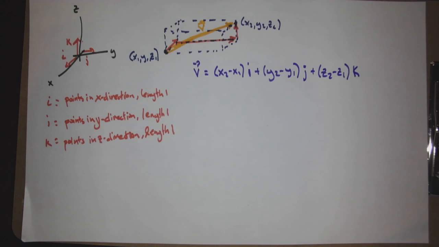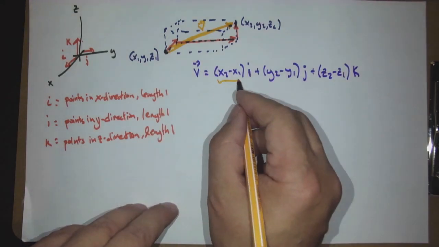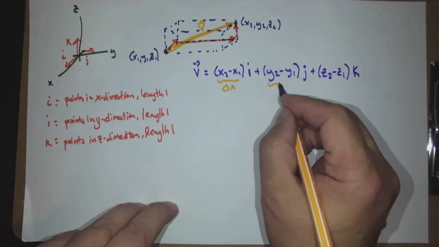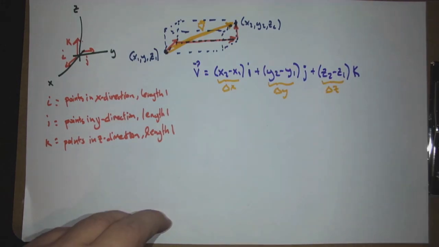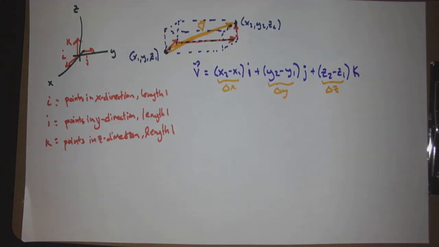And in particular, you'll notice what we have is a change in x here, a change in y there, and a change in z. So if I want to understand the change, I can understand the change in each of the 3 directions, x, y, and z.